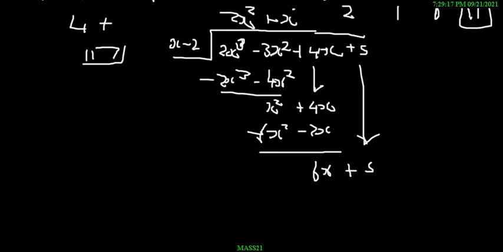x into 6x, that's 6. So plus 6. 6 times x, 6x. 6 times negative 2, that's negative 12.